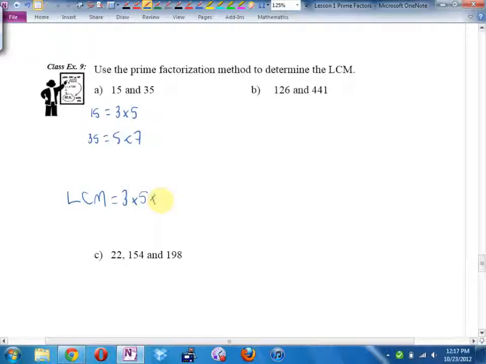Is there a 7 that appears in everything? Sorry, not in everything. In anything. Doesn't have to appear in both. In anything. Yes? Have we covered everything? It's going to be 15 times 7, 15, 105? 105. And I know I'm right.